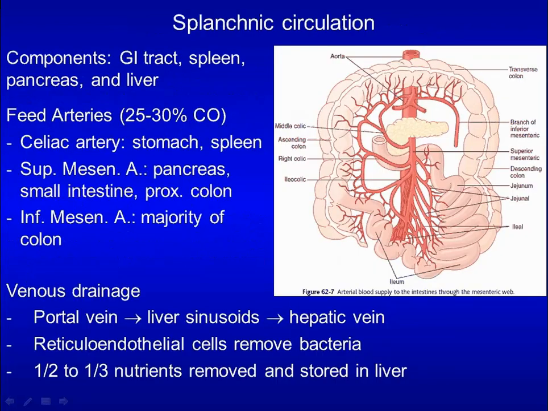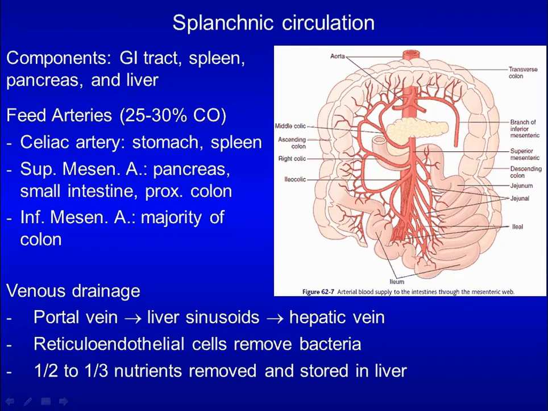Components of splanchnic circulation include gastrointestinal tract, spleen, pancreas, and liver. Arterial blood supply to the splanchnic circulation constitutes 25 to 30% of cardiac output.